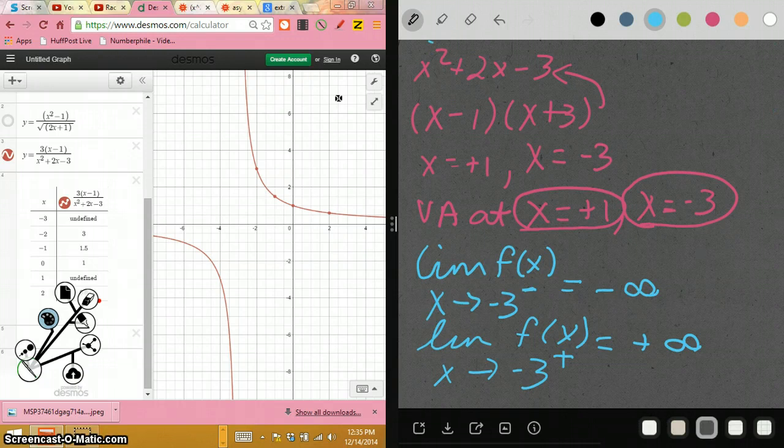So in this case, the horizontal asymptote is equal to 0.